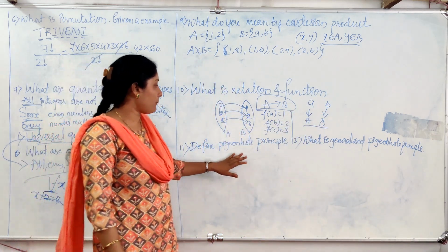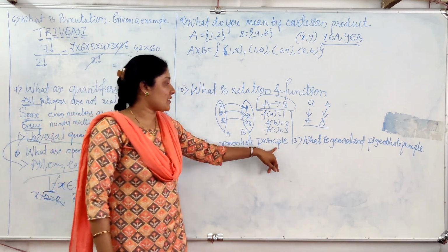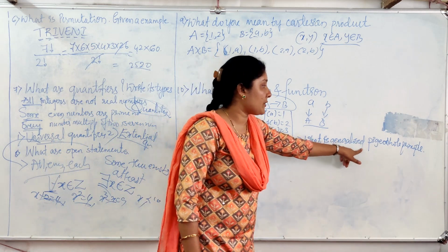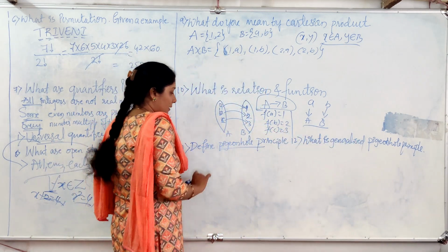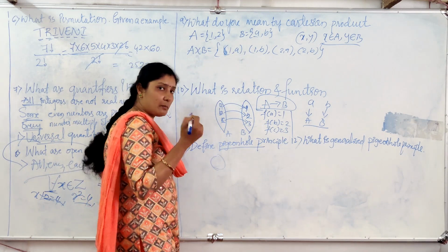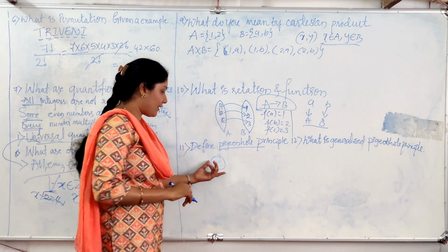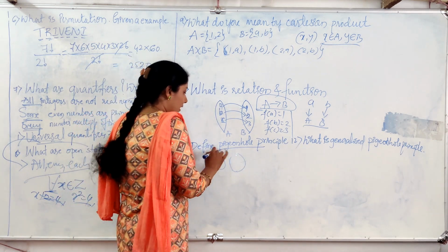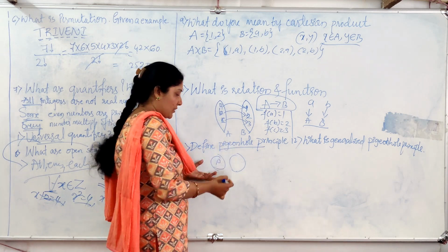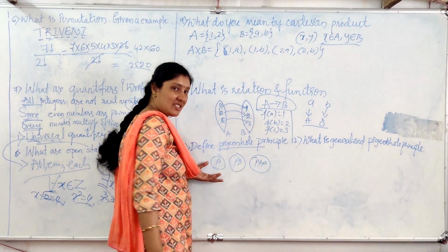Next, define the pigeonhole principle. There are two questions here: define the pigeonhole principle and what is the generalized pigeonhole principle. So what does the pigeonhole principle mean? A pigeon is a bird, and a bird needs a nest. In a nest there may be only one pigeon, or two pigeons, or three pigeons also.